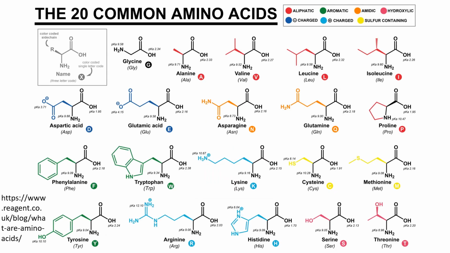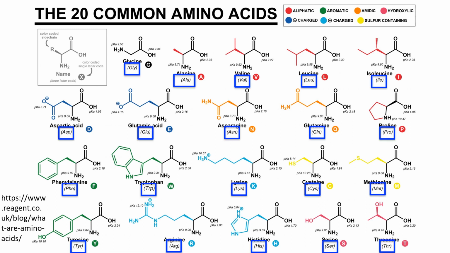Here we can see the structures of the 20 amino acids that are found in polypeptides. Based on the R group, they can be assigned into different groups like aliphatic amino acids, aromatic amino acids, and so on and so forth. Every amino acid can be denoted by a 3-letter abbreviation that is shown in the blue boxes.